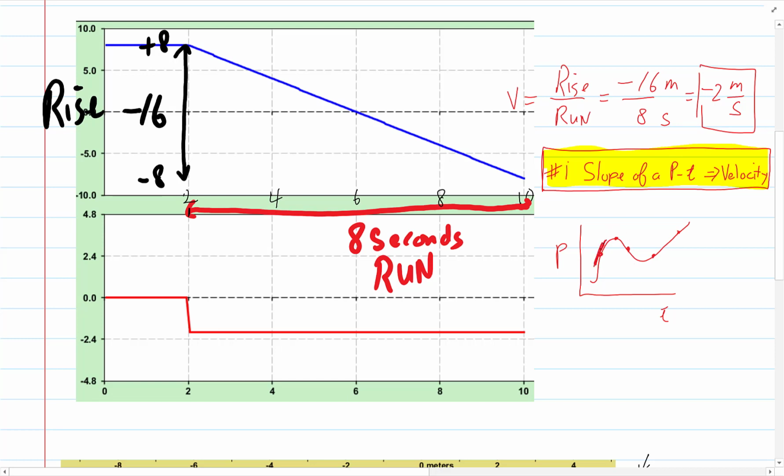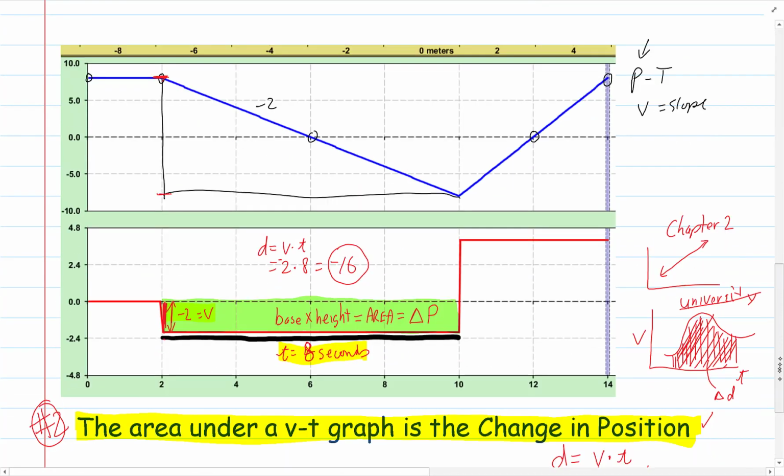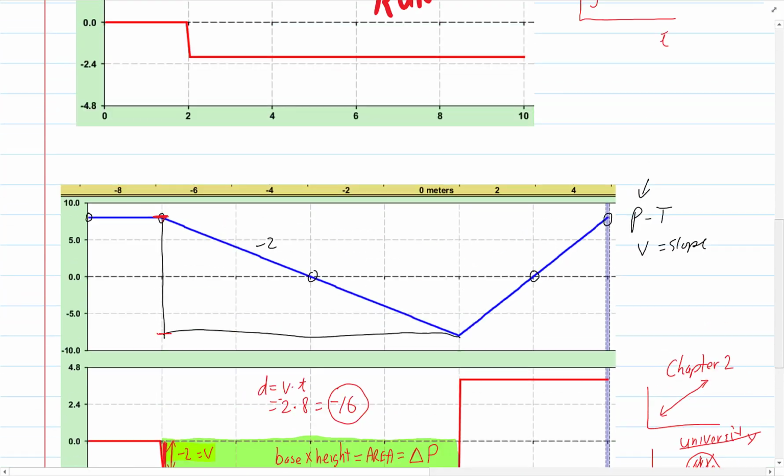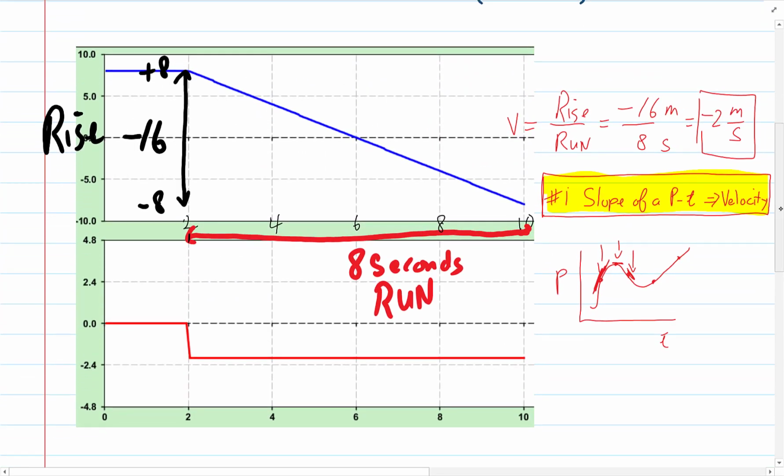At this point, the slope of that line, the slope of this line, the slope of that line, the slope is always changing here, but the slope will give us the velocity at that point, the velocity at that point, the velocity at that point. So this rule number 1 is as important and as powerful as that rule number 2. There's graphing for you. Okay.